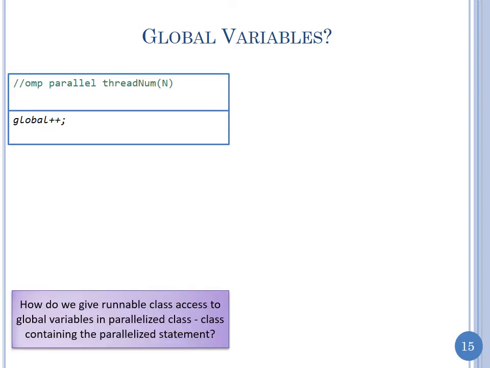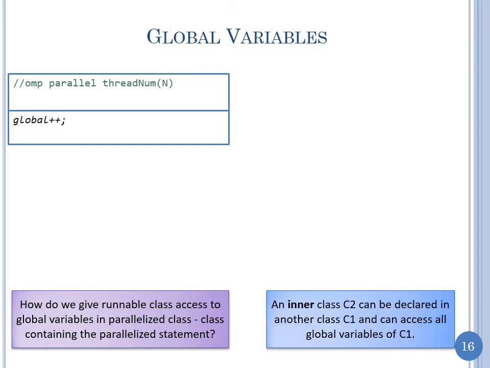How do we give the runnable class access to global variables in the parallelized class? Okay, so we're creating a new class, a runnable class. We're creating that class from code in this class that we want to parallelize. And how do we make sure that these two classes share globals? Okay, global variables. So as some of you suggested, we can just go and copy them into the runnable class.